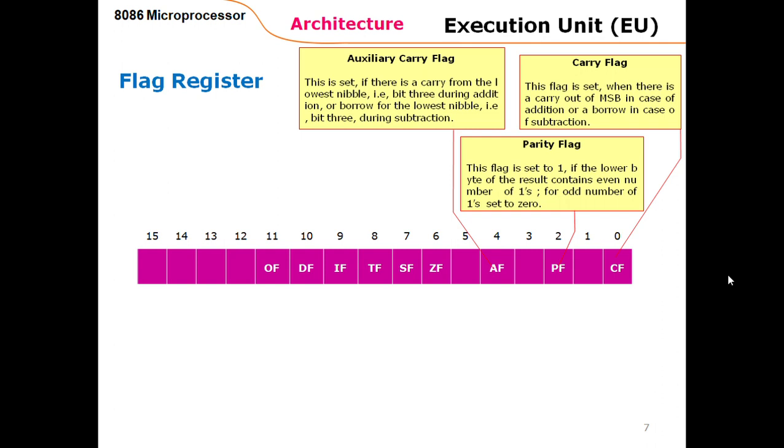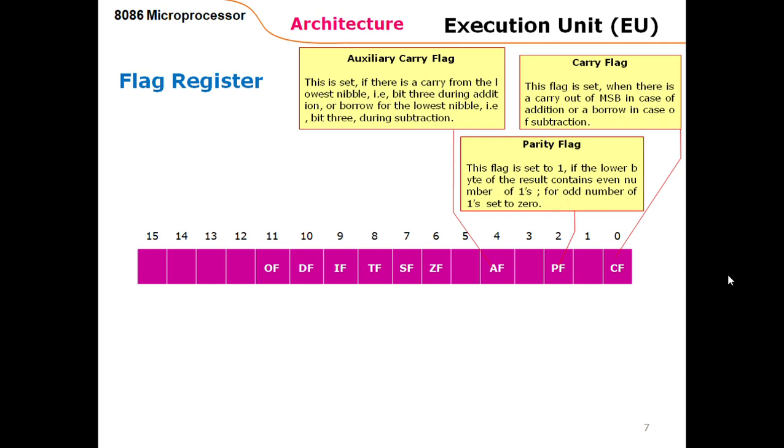During subtraction, it is the other way around. If a borrow was taken from bit position 4 for bit position 3, then it is set to 1, otherwise it is set to 0. In terms of nibbles, if a carry was generated at the least significant nibble, then the auxiliary carry flag is set.